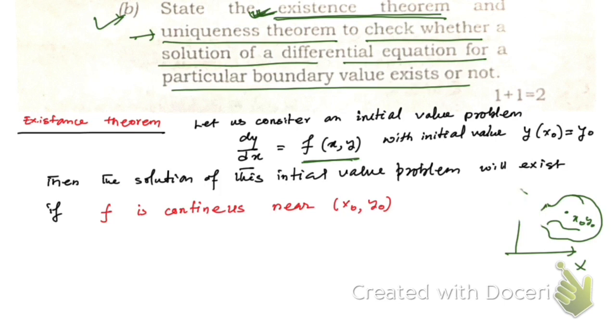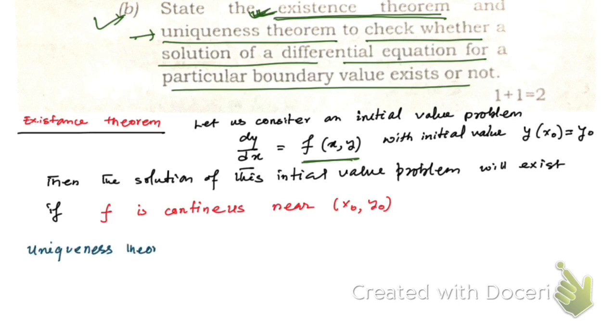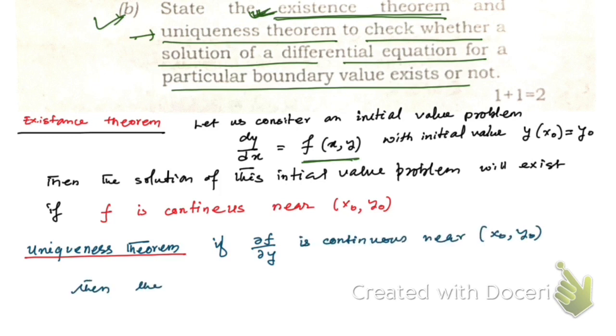Now, is that unique or not? The uniqueness theorem says that if the partial derivative of f with respect to y is continuous near this point, then this solution is unique, okay. Here this function f is a function of x and y. So these are the existence theorem and uniqueness theorem.